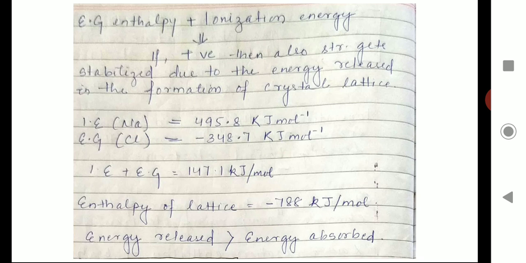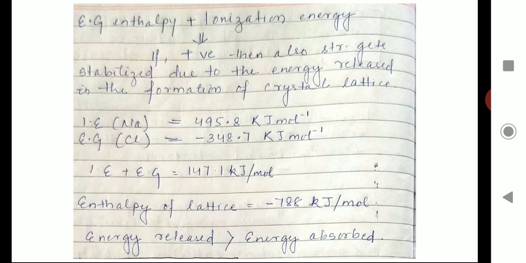Here I have taken the values from NCERT. The electron gain enthalpy for Cl is minus 348.7 kilojoule per mole. The ionization enthalpy for Na is 495.8 kilojoule per mole. I added them and got 147.1, which is a positive value for energy.